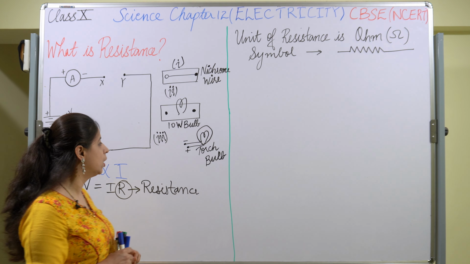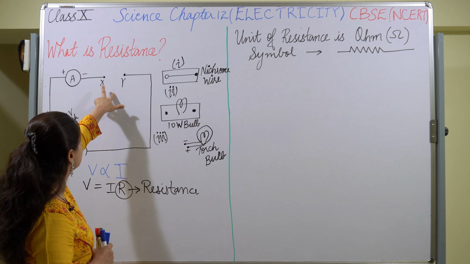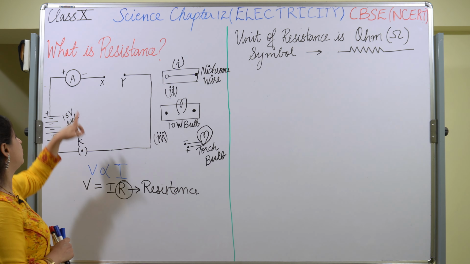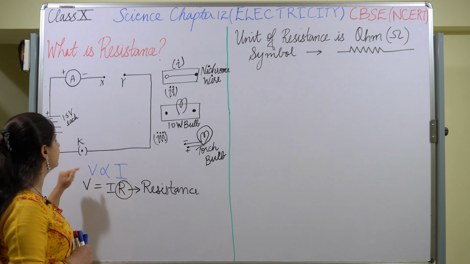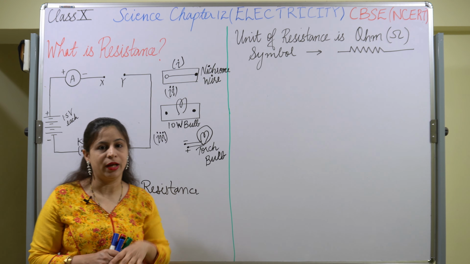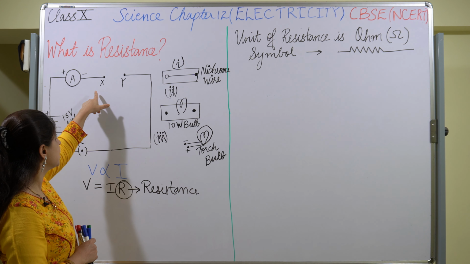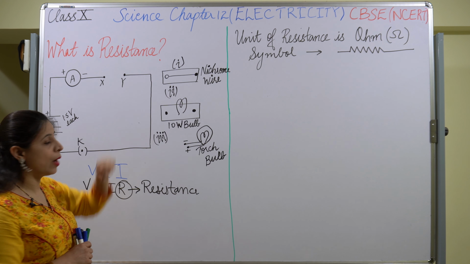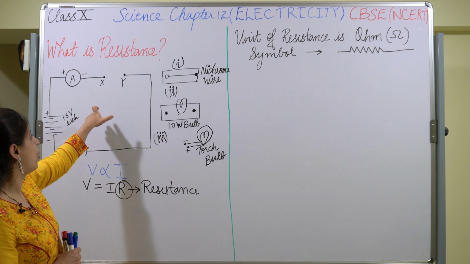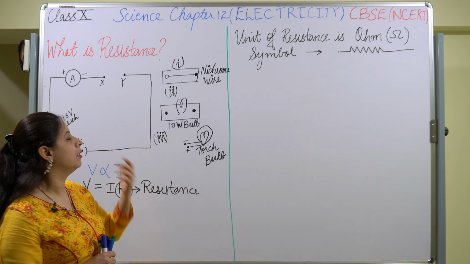A circuit is established with the ammeter, the battery, and the key, and 2 points are left open in the circuit. The points are marked as X and Y.